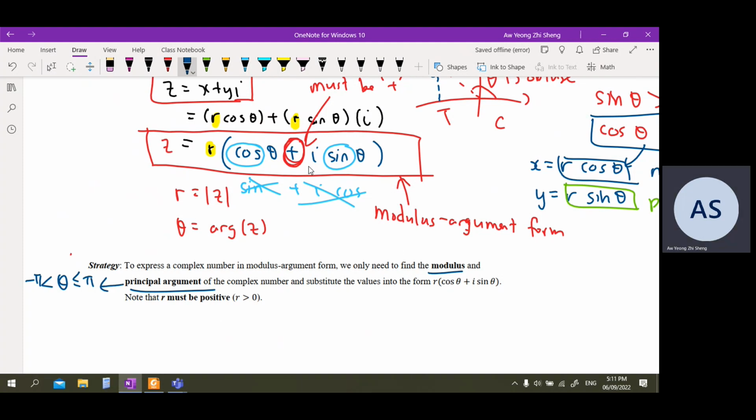So in the modulus argument form, we will still, by default, write our value of theta in the principal range. Okay. Then once you have the modulus and argument of the complex number, you just sub the values of r and theta into the form r bracket cos theta plus i sin theta, and then you would get the modulus argument form already. And note that r must be positive because the modulus of a complex number is the length of a vector, and length cannot be negative.